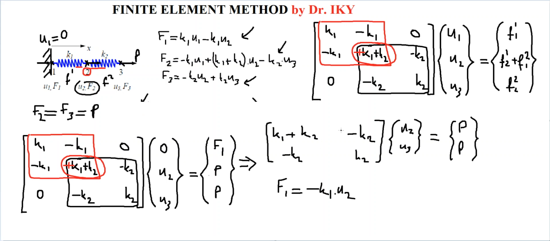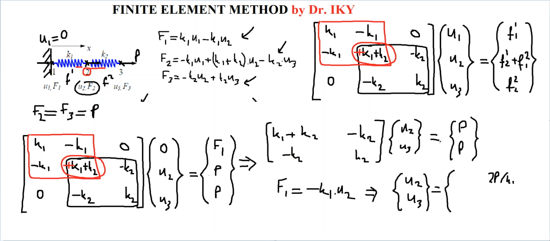If you solve this equation, you can see something like that. And the unknowns, if F1 is desired, so we can say that U2, U3, after the elimination, you will have 2P over K1.